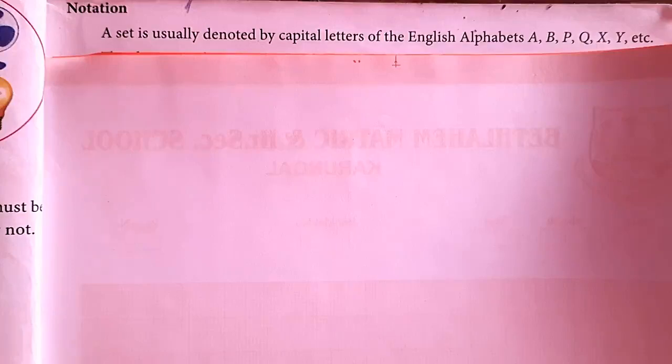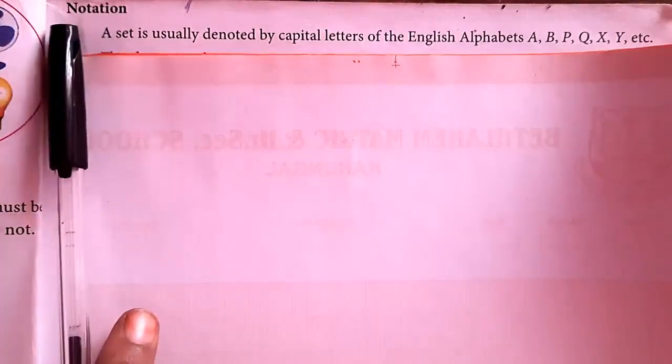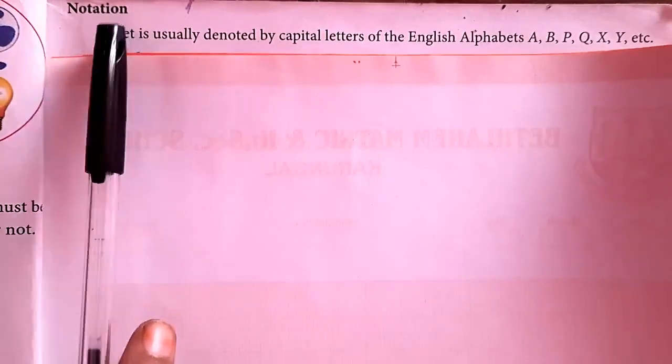So now we are going to learn how we can represent, otherwise how we can identify the sets mathematically using symbols and numbers. That is given as notation. Okay, notation.